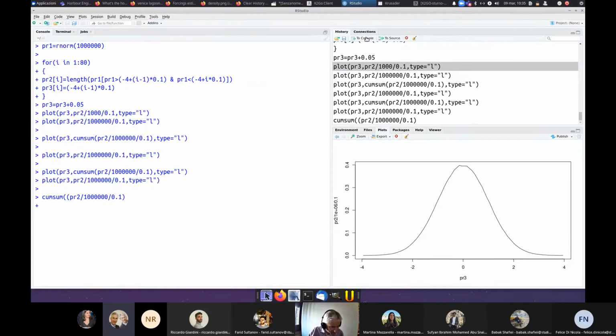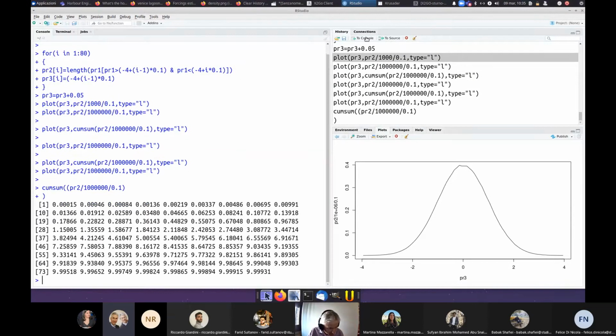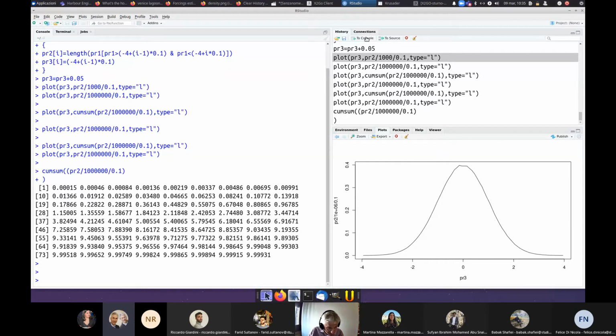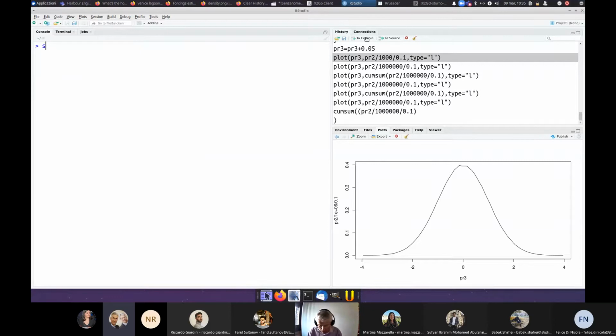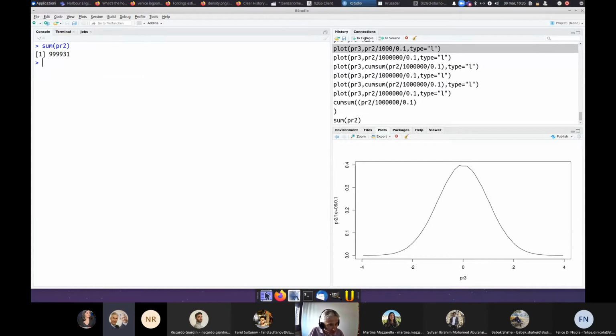Let's see, I forgot a parenthesis, I'm sorry. Okay. I need to make some check, just 1 second, because I need to make a sum of PR2 and check that it's 1 million, yes.